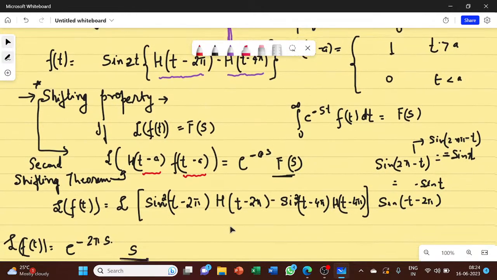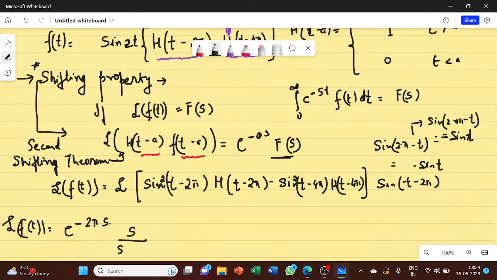So I'll write sin(2π − t) will be sin(4π − t), again the same thing. And whether you write sin(2t − 2π), this will also be like sin 2t only. Is that clear? Okay, sorry.